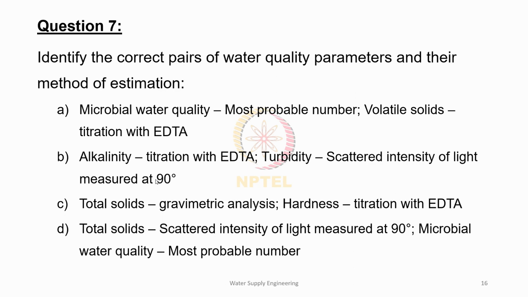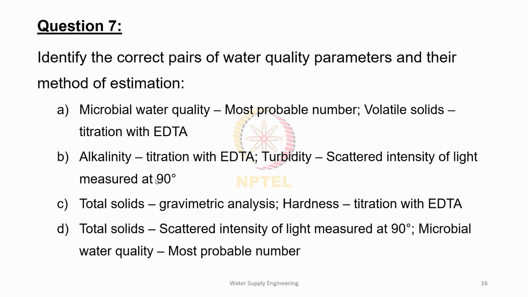Option B, alkalinity, titration with EDTA, turbidity, scattered intensity of light measured at 90 degrees. Option C, total solids, gravimetric analysis, hardness, titration with EDTA. Option D, total solids, scattered intensity of light measured at 90 degree, microbial water quality, most probable number.